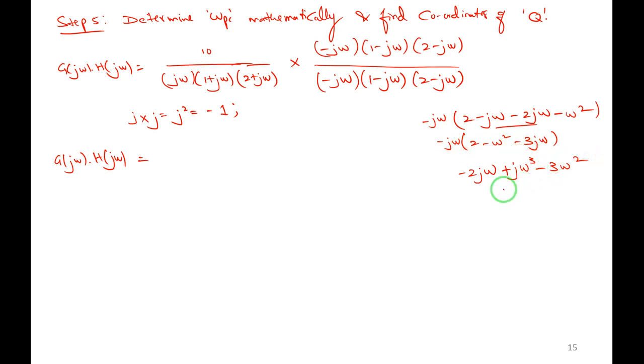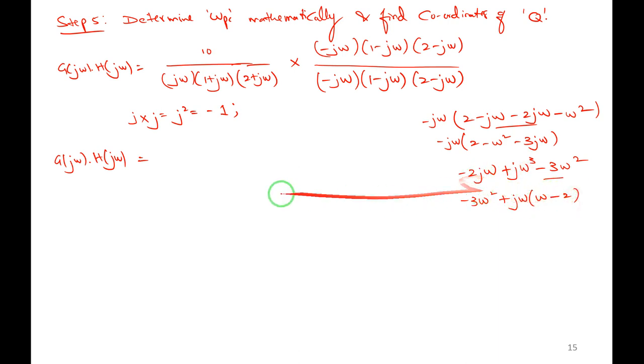So let me separate real part and imaginary part. This is real part and this is imaginary part. So minus 3 omega square is the real part, and for the imaginary part, let me take plus j omega common. If I take plus j omega common, what will I be getting? Omega, and from j omega cube minus 2j omega I get omega minus 2.